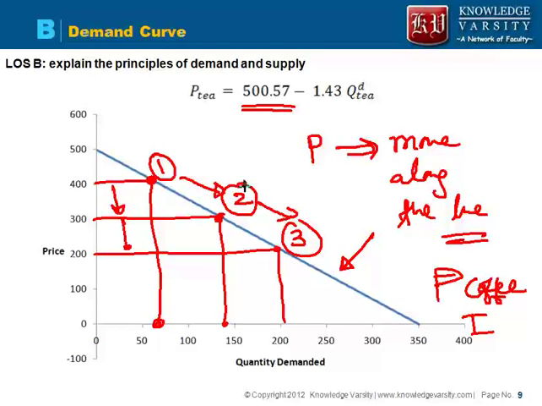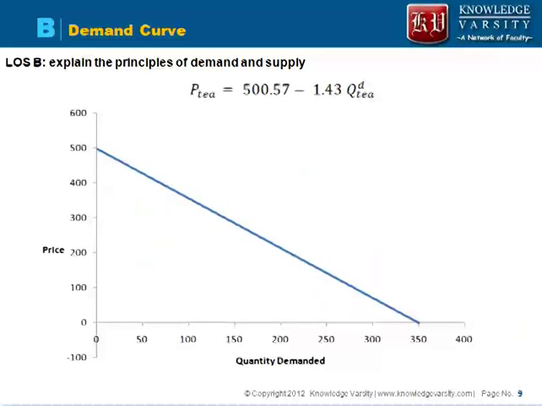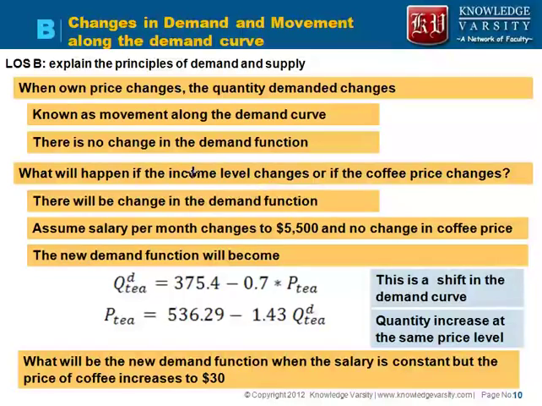The next thing we want to understand is what will happen if your income level is changing or coffee's price is changing. There will be a change in the demand function. Note that the demand function will not remain constant. So let's assume that your salary has gone to $5,500 per month and there is no change in the coffee price.